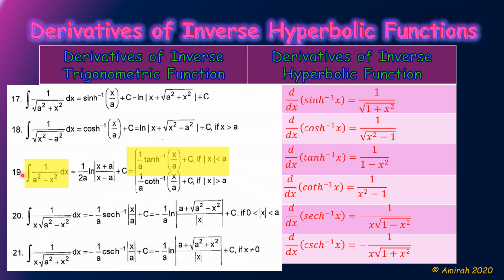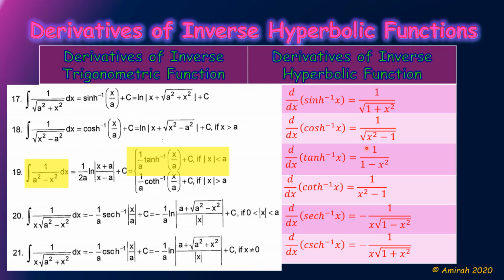So when we move integration to the right hand side, we have the derivative formula. We replace a by 1, so 1 over 1, which is 1. So when we differentiate inverse tan x, the answer should be 1 over 1 minus x squared. No square root.